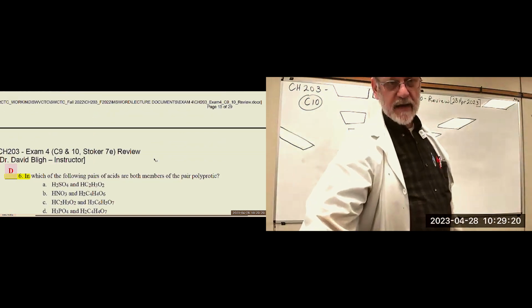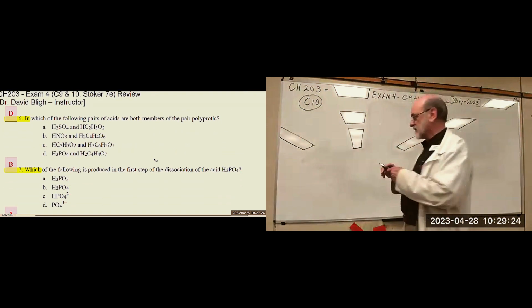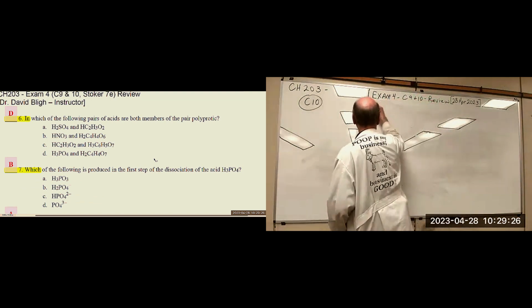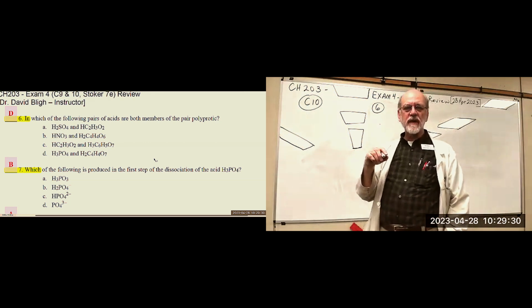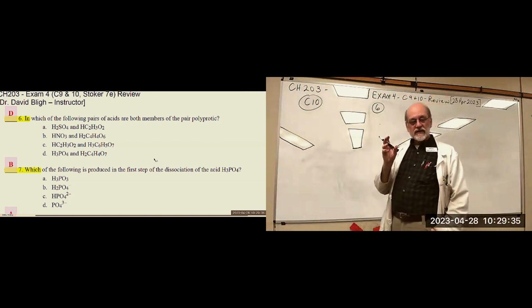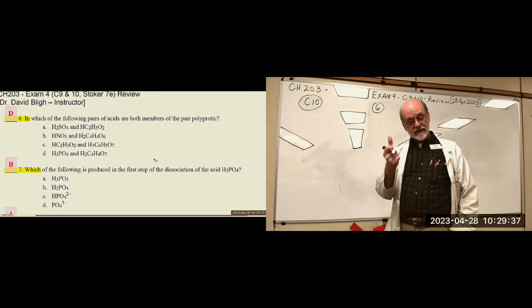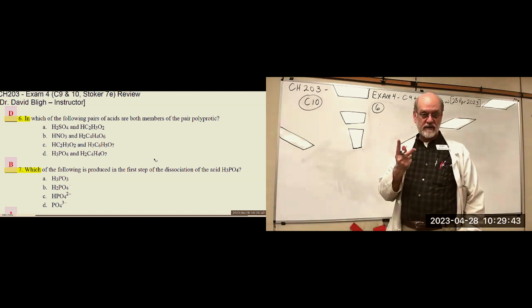Number 6. In which of the following pairs of acids are both members of the pair polyprotic? All you need is to be sure it's an acid with protons that can be given up, and there are 2 or more of them.